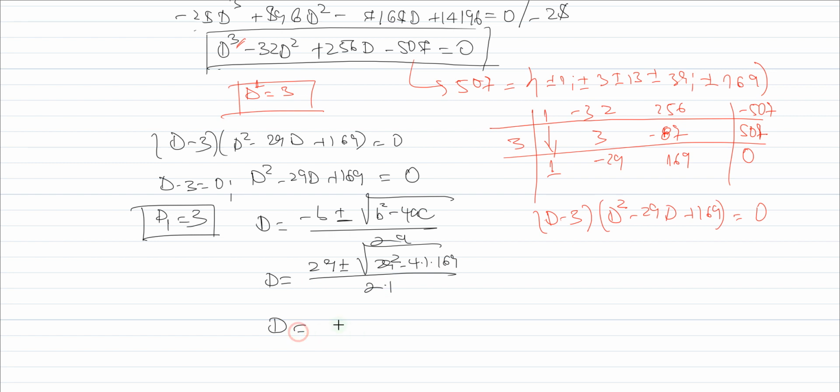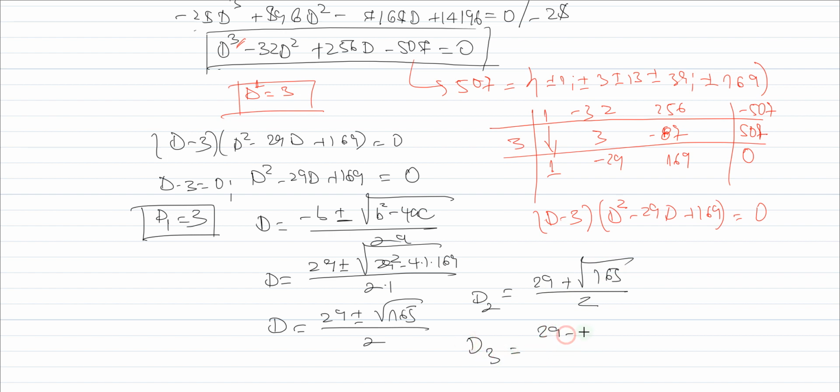So d is actually 29 plus or minus the square root of 165, divided by 2. So d2 is going to be equal to 29 plus the square root of 165 divided by 2, and our d3 is going to be equal to 29 minus the square root of 165 divided by 2.